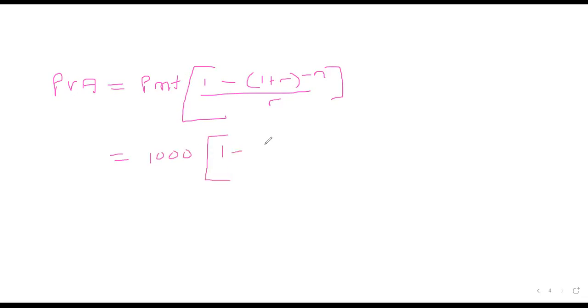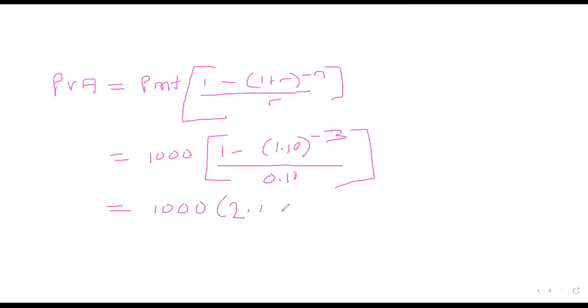Then our interest rate is 10%, so 1.10, and our time is 3 years, so put negative 3 there, over our interest rate, which is 10%. So 1,000 here, we have 2.487.